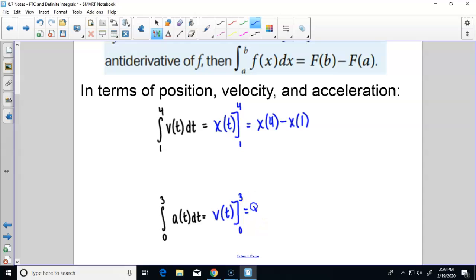And to do that, I would get velocity of 3 minus velocity of 0. So if I integrate the acceleration from 0 to 3, that actually gives me the change in the velocity from 0 to 3, right? Because it's the difference in velocity at 3 and velocity at 0.